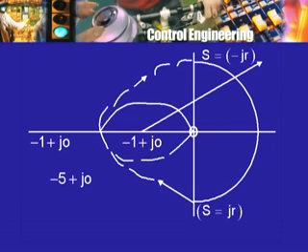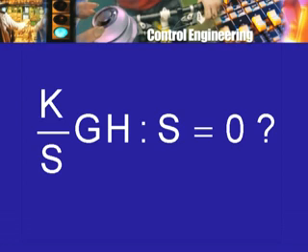That is all right, but there is one more thing which I did not mention, and we need to be careful about it because this is a mistake which students typically commit. What we are looking at is the function which looks like k divided by s into gh. Now, what is this s? This s indicates that this loop transfer function has a pole at the origin.